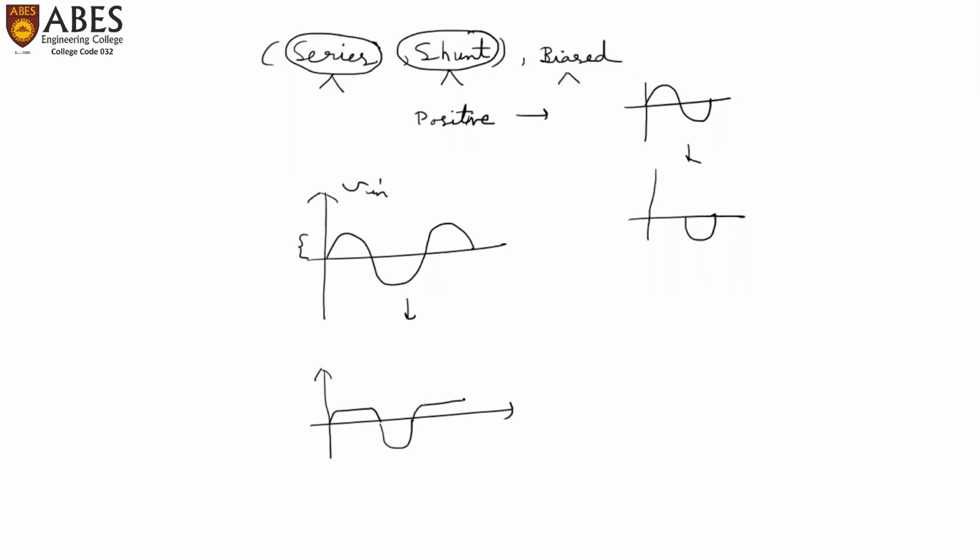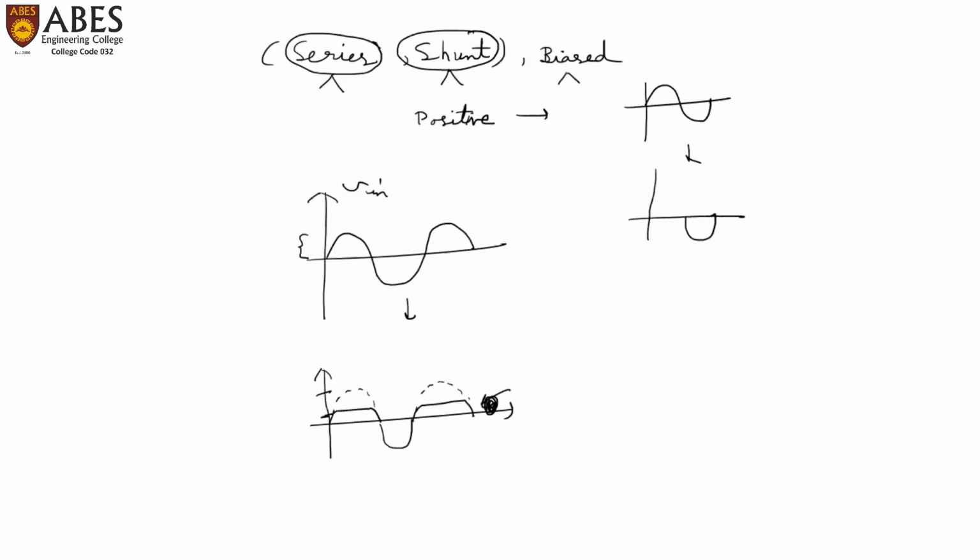Again, in the same manner, like this. So we want the upper portion to be cut, while the remaining portion in the positive half cycle must be there. So we only want to cut some portion of the wave in the positive half cycle. So it is still a positive clipper.